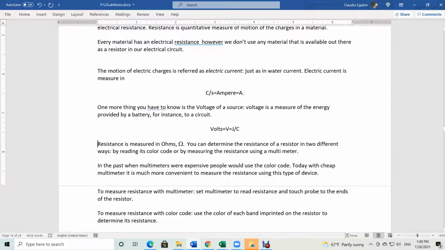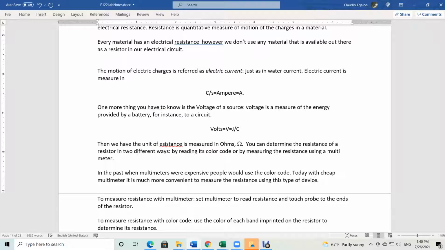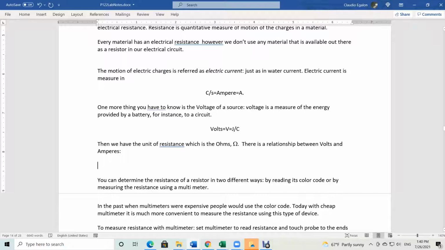Then we have resistance, the unit of which is the ohm, represented by the capital omega letter. There is a relationship between volts and amperes. What's the relationship?